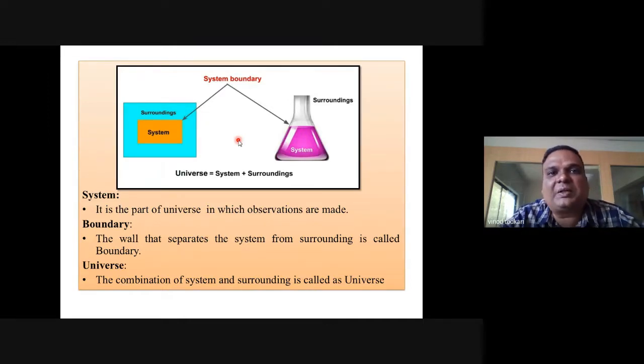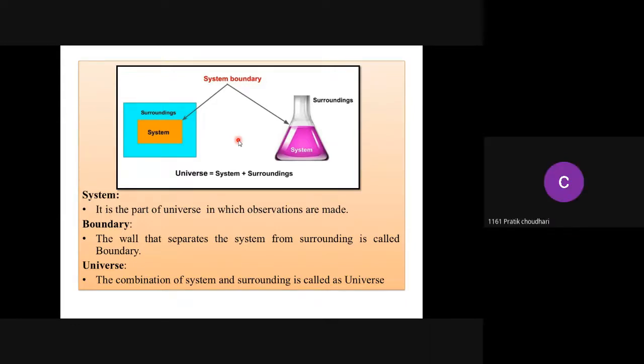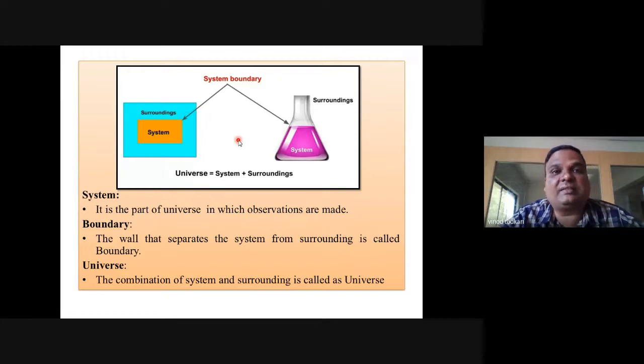What are the types of boundary? Real and imaginary. Excellent, very good. And second type?